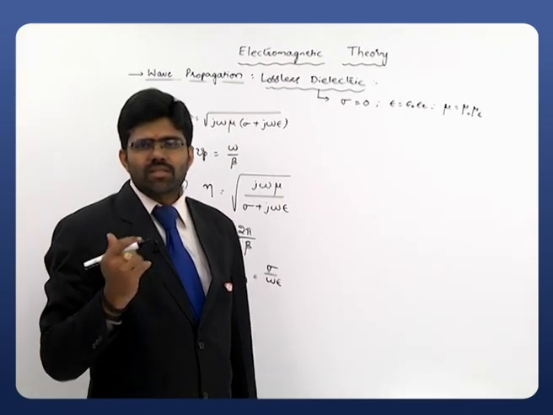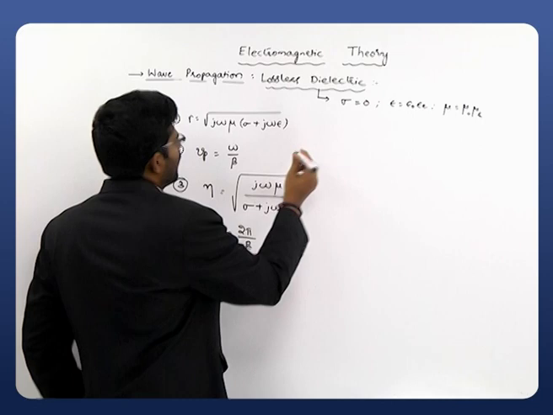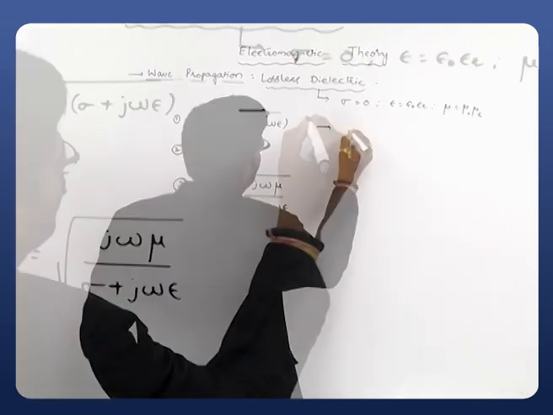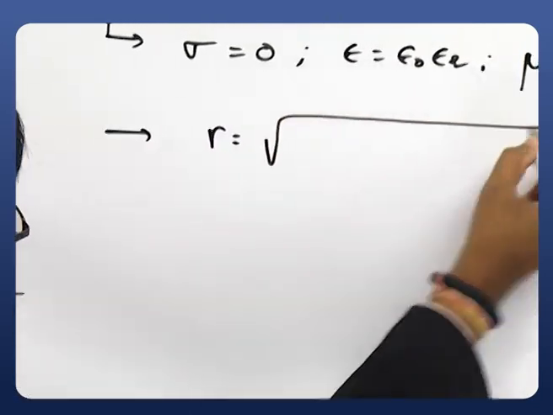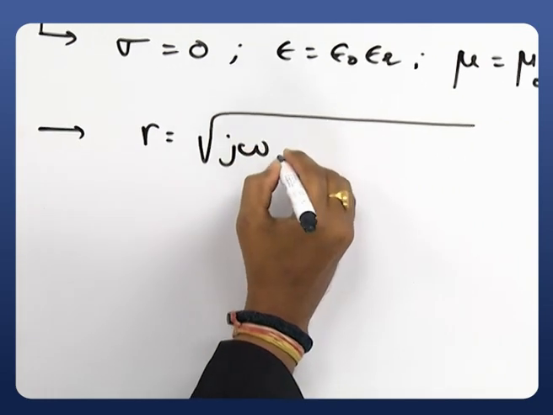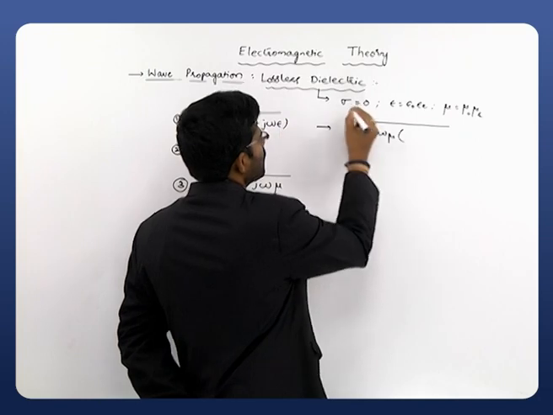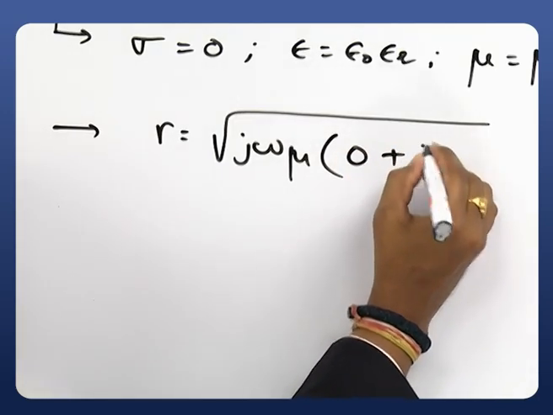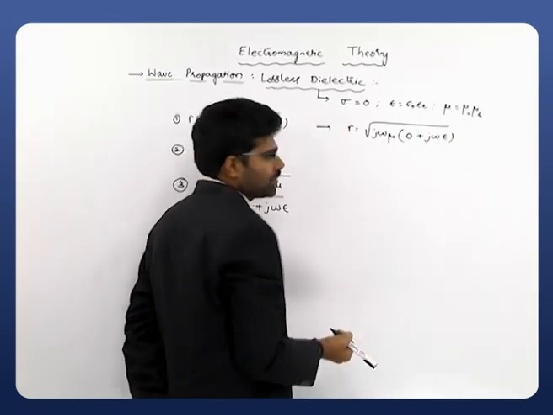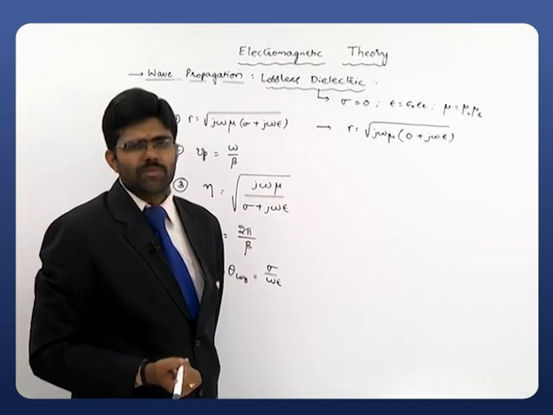Now come to the propagation constant. For the lossless dielectric, gamma is equal to the square root of j omega mu, where mu is equal to mu naught mu r, now sigma is 0, plus j omega epsilon, where epsilon is equal to epsilon naught epsilon r.